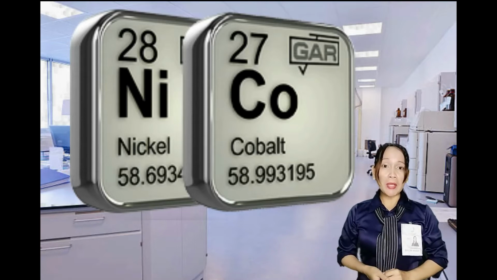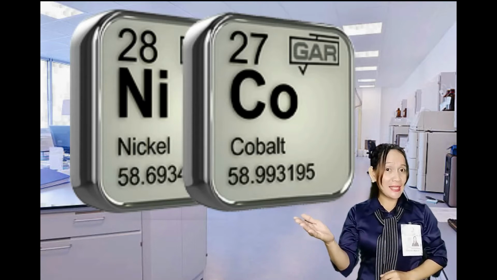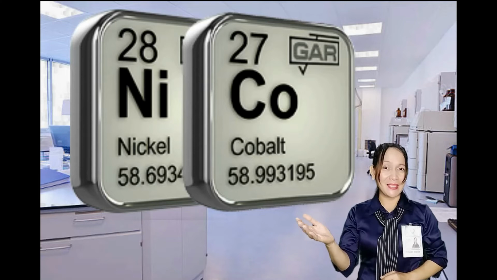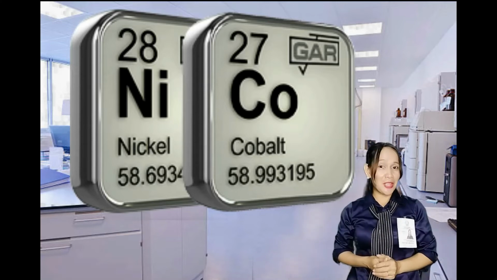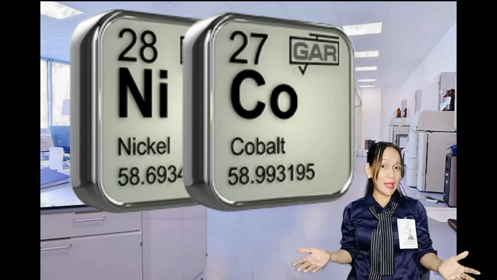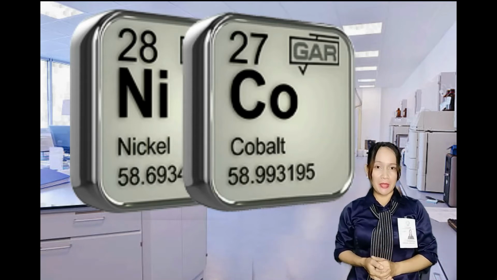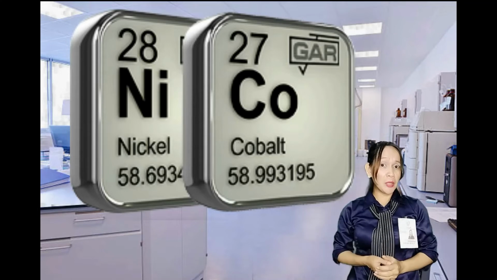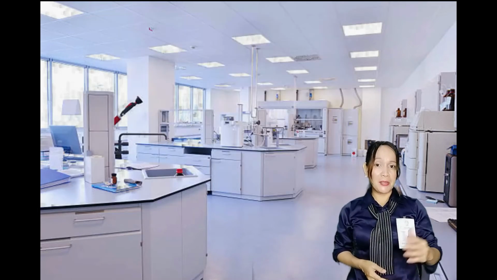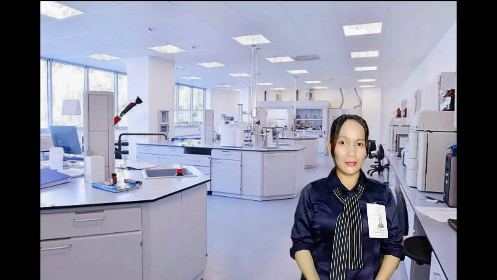However, cobalt was placed first in the periodic table of elements, even though it has a greater mass than nickel. They couldn't change their places because the properties of cobalt were more similar to its respective group, such as rhodium and iridium.